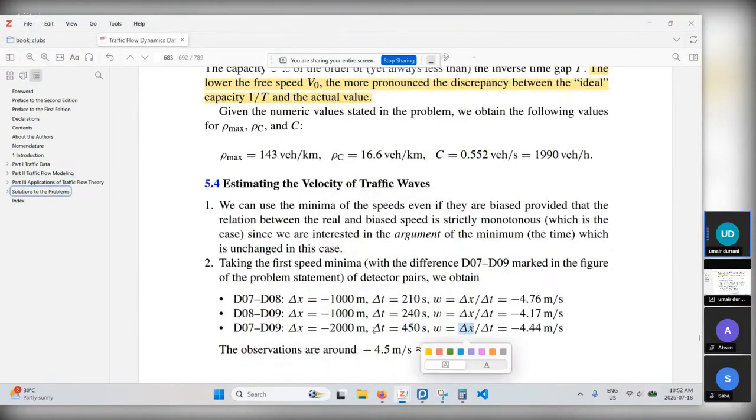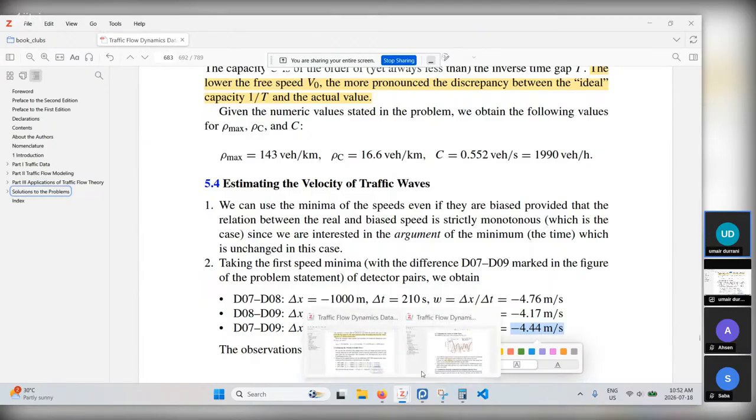So we take the delta x, which is 2,000 meters, we take the delta t, which is 450 seconds, and the wave velocity turns out to be minus 4.44 meters per second, which means that from downstream to upstream, we have a traffic wave which is moving upstream, and that is why this is negative, and the speed of that traffic wave is 4.4 meters per second.